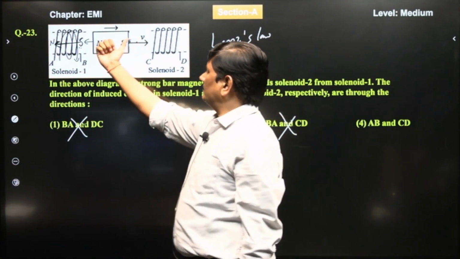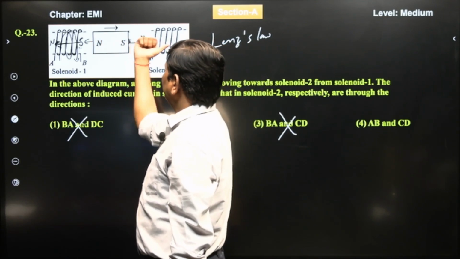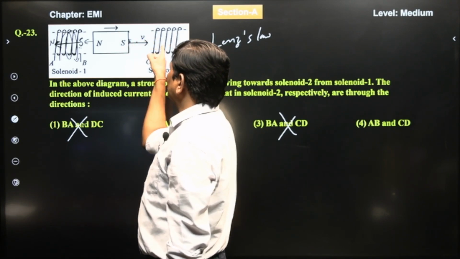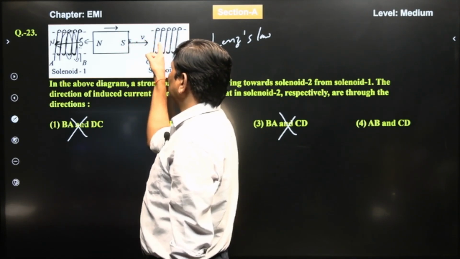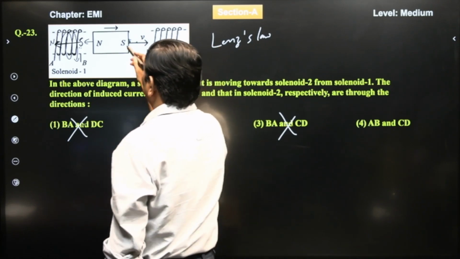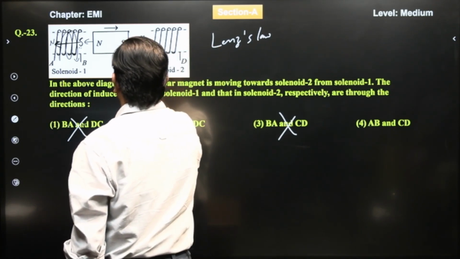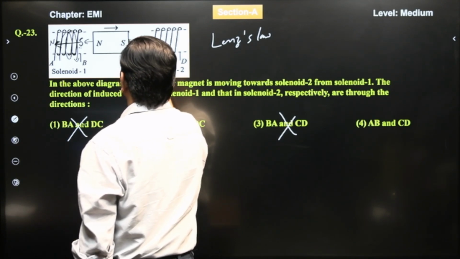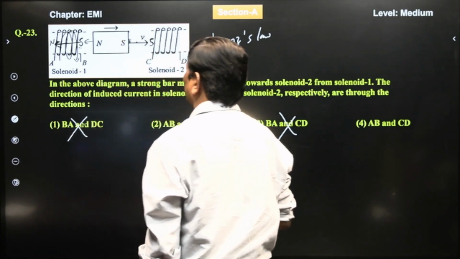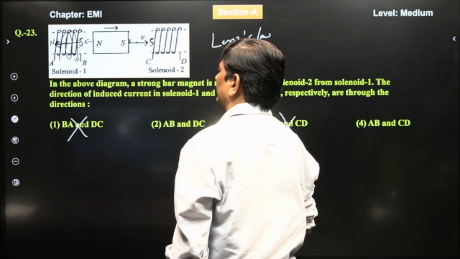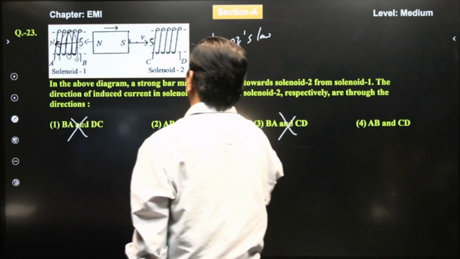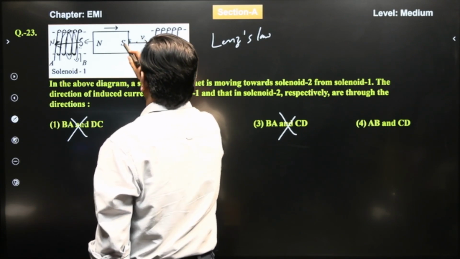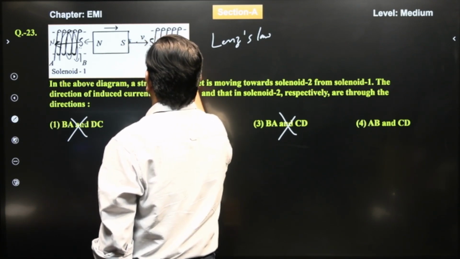Now, as the magnet is moving towards the second coil, flux is increasing. When the flux is increasing, the coil has to oppose it, which means it has to develop a south pole here, so that there is repulsion. So at C and D, a south pole is developed, and a north pole on the other side.